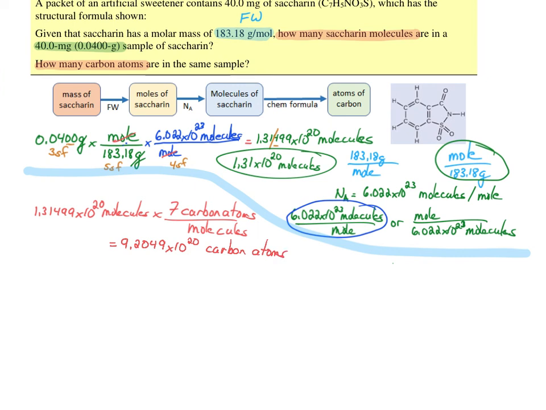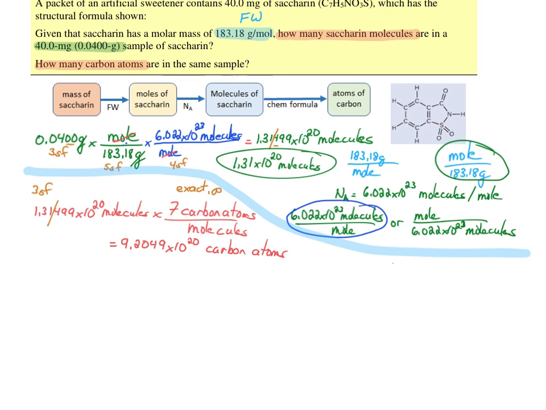We need to worry about sig figs next. So we look at all the numbers that go into the answer. We go back to our unrounded number, and we use the whole thing because we don't want to round until we get to the end, but we know it really can only justify 3 sig figs here. 7 carbon atoms per molecule is an exact number, so that's not going to impact our significant figures.